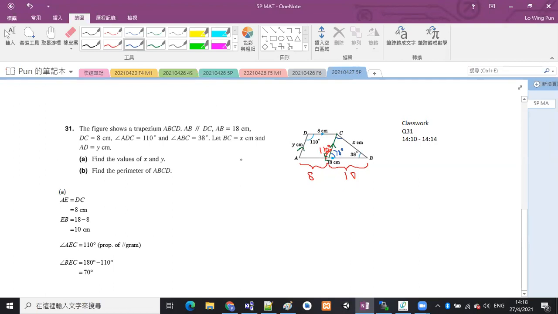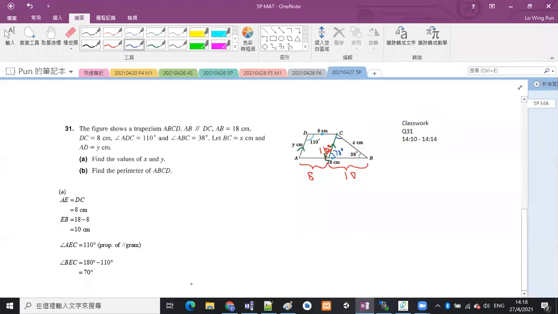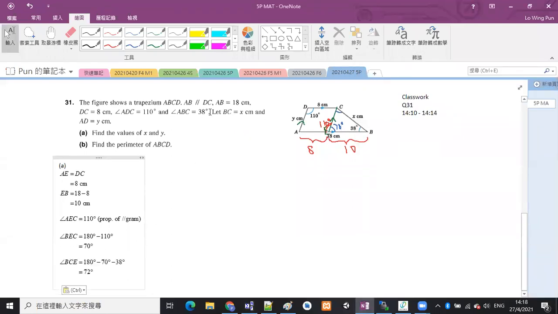Okay, so angle BCE is 180 degrees minus 70 degrees minus 38 degrees, angle sum of triangle. That should be equal to, let me see, 72 degrees. Am I correct? 72 degrees. That is this one.